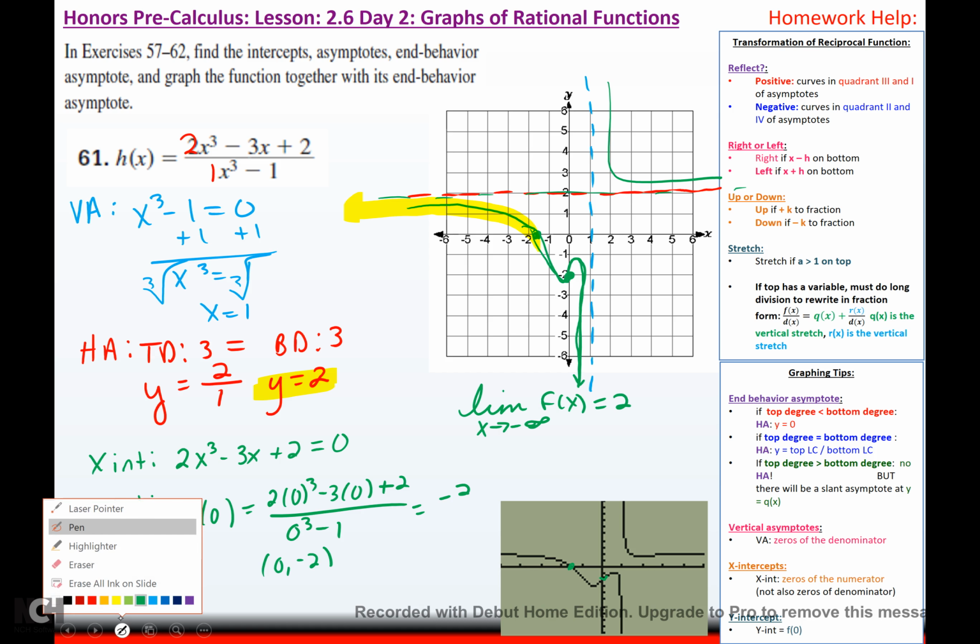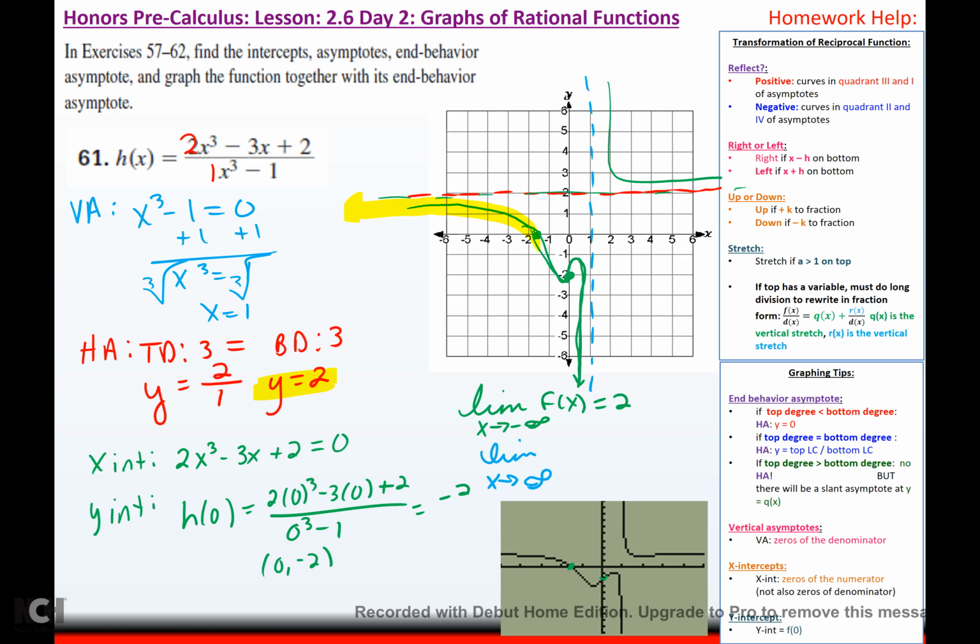Okay, my limit as x approaches positive infinity, now I'm tracing this way. So if I trace this side closer and closer to infinity, this again is getting closer to that red line, which means my function is approaching 2.